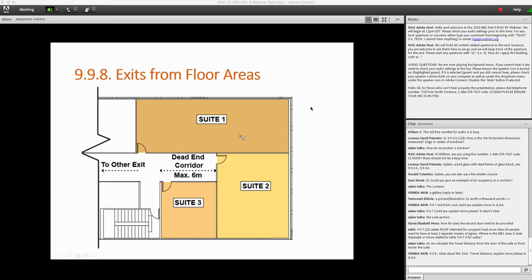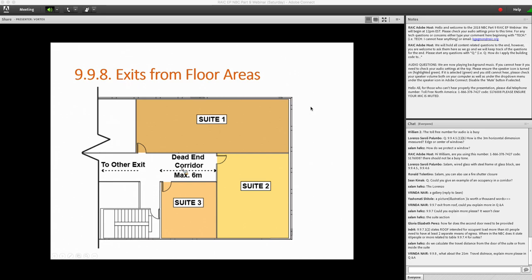Okay. Now, in addition to that, we measure our travel distance from the remotest point in the floor area to the exit there. And for instance, where this floor area is sprinkler protected, that travel distance has to be not more than 45 meters.